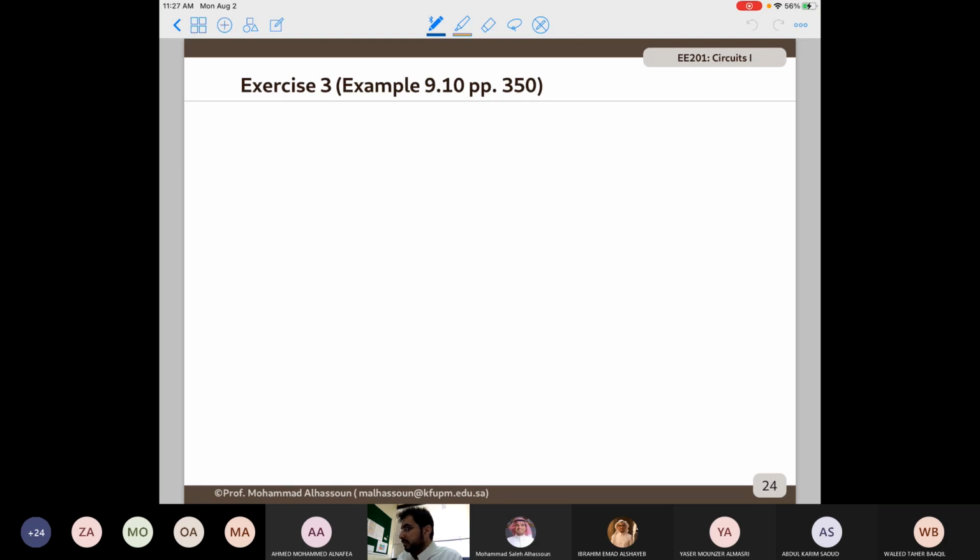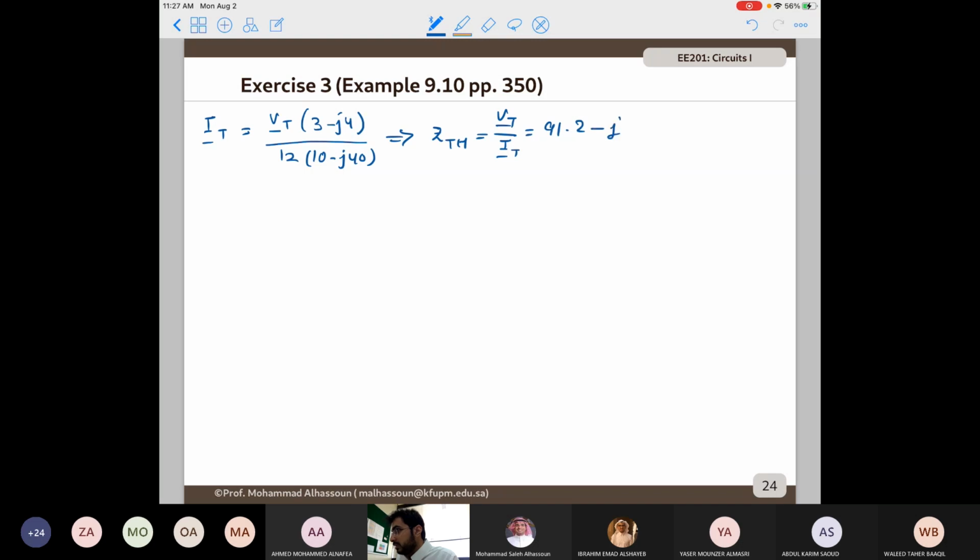So IT is going to be VT times 3 minus j4 over 10 minus j40, and this implies that the Thevenin resistance is going to be VT divided by IT, and in this case is going to be 91.2 minus j38.4 ohm.